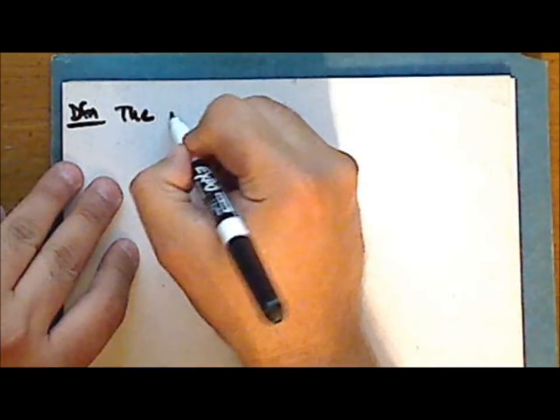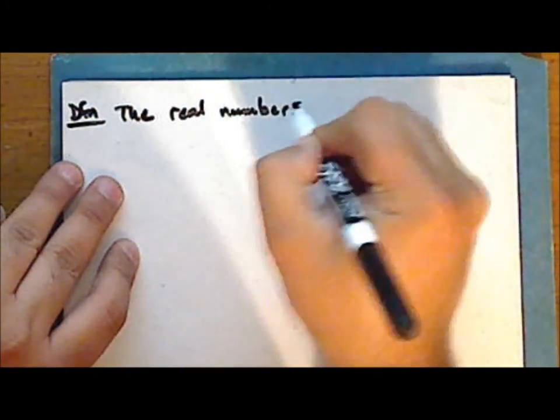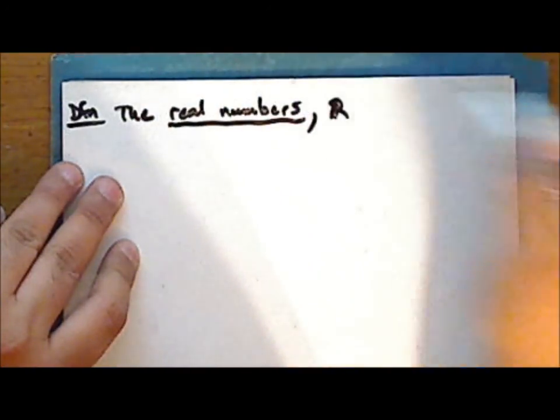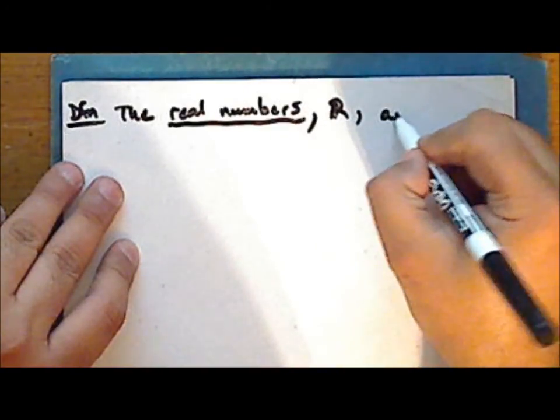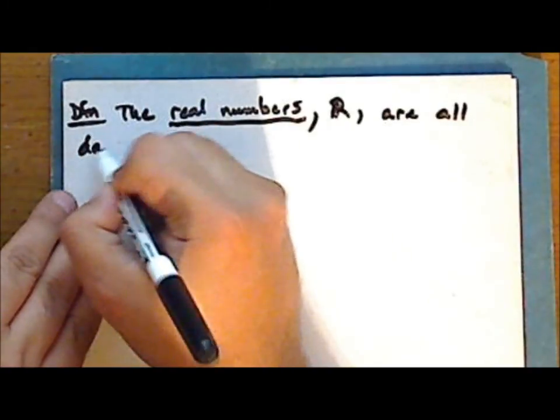Now, as a subset, well, first we'll define real numbers, I suppose. The real numbers, which we denote with a script or blackboard bold letter R, consist of all decimal numbers.